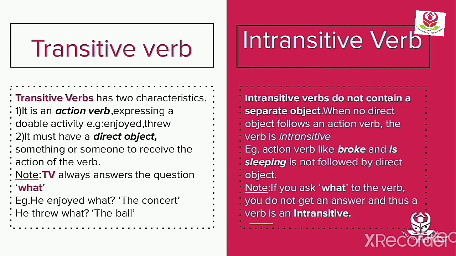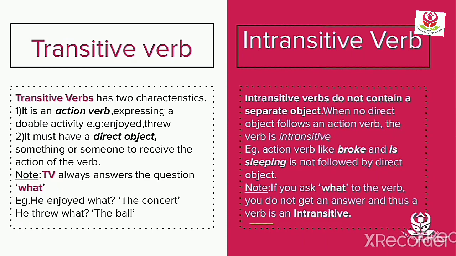Next, intransitive verb. In an intransitive verb, we do not have a separate object. It means when no direct object follows an action verb, the verb is called intransitive. We will just refer to our sentences again. The action verbs like broke and is sleeping are not followed by any direct object.